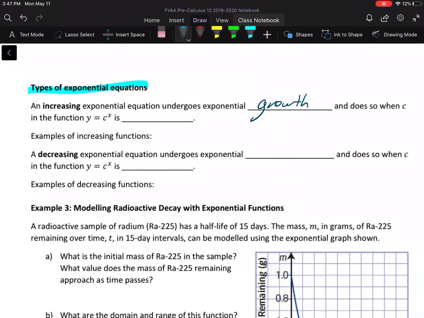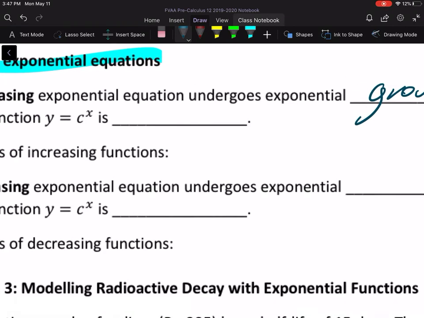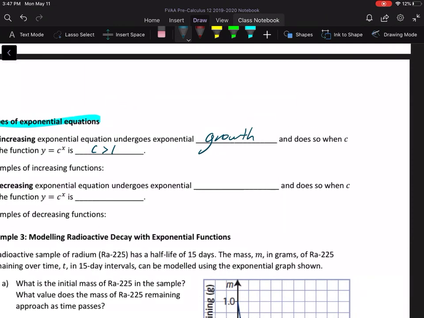And it does so when c in the function y is equal to c^x is greater than 1. In order to get an increasing exponential function, or growth in your exponential function, c must be greater than 1. So if I were to apply this to COVID-19 again, as long as that R0 value is greater than 1, we're going to see numbers continue to climb in COVID-19.